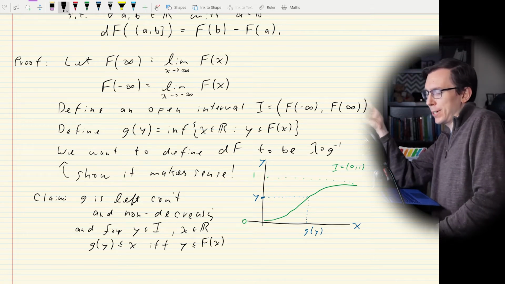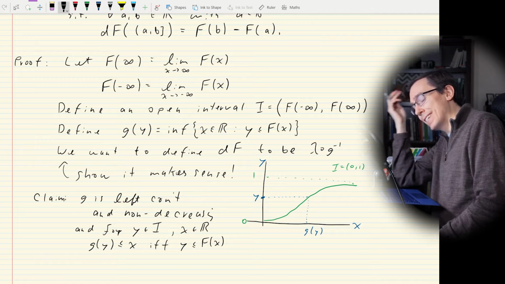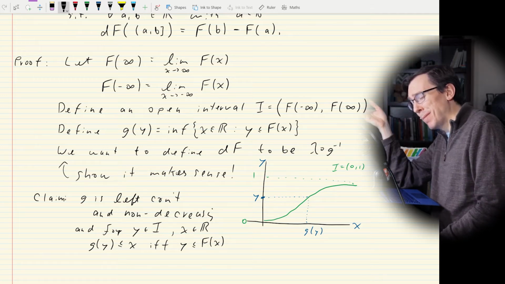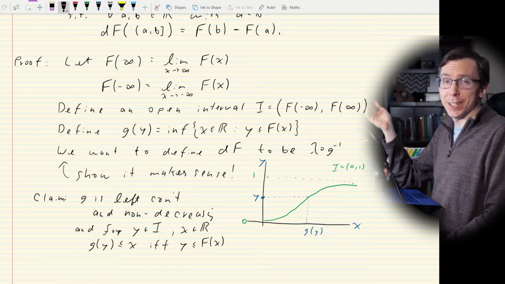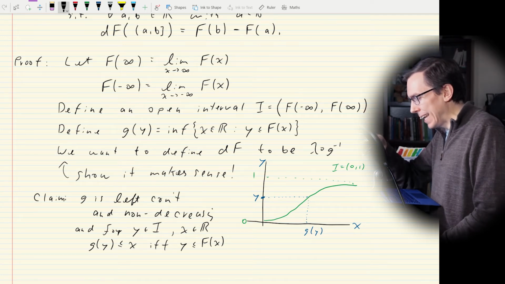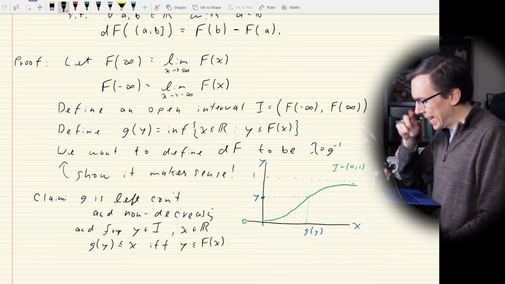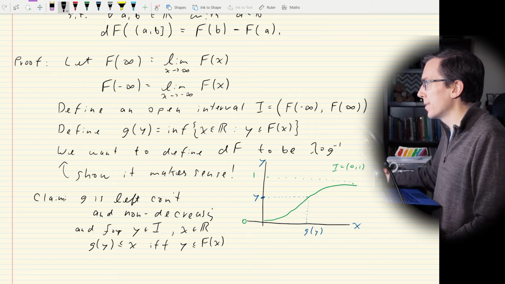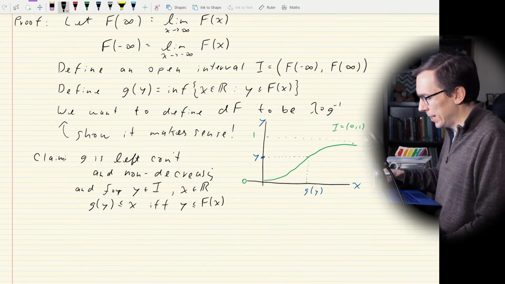It looks fine when I draw a picture with a continuous function, but it doesn't have to be continuous. It doesn't have to be monotonically increasing, so it could be more annoying than that nice green line I drew. So that's the point. We want all this stuff to be true. So how do we show all this?